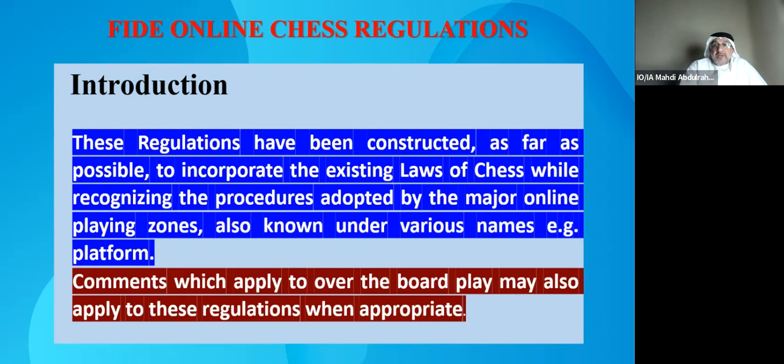The regulation has been constructed as far as possible to follow the existing laws of chess, while recognizing the procedures adopted by the major online playing zones, also known under various names, for example platforms such as Tornado, Lichess, chess.com, and so on. Comments which apply to over-the-board play may also be applied to this regulation.